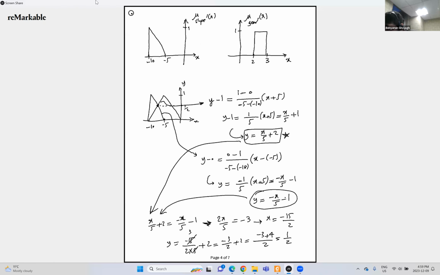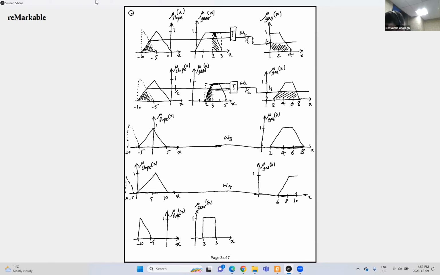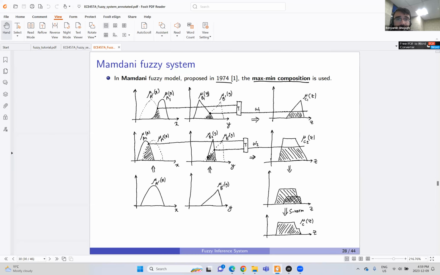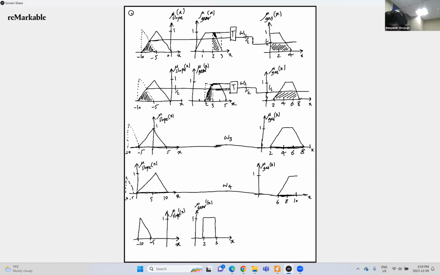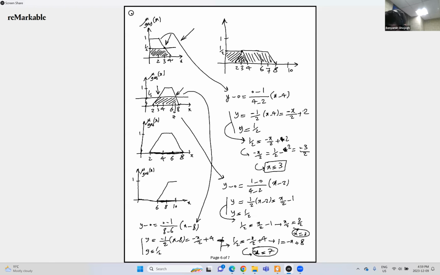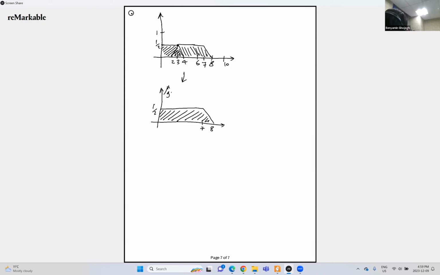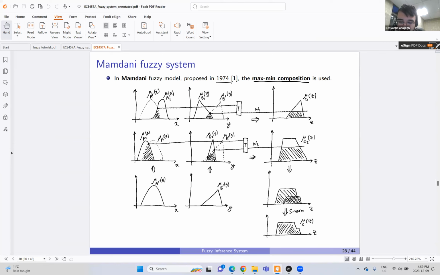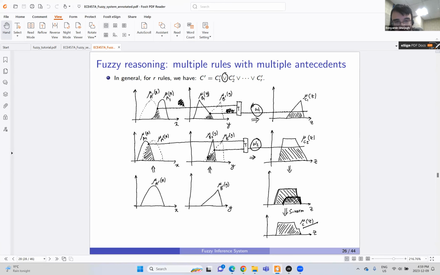It was the output. Mu C prime, whatever we call it. What did we call it in the slides? Anyway. So now this is the fuzzy output, right? We need to defuzzify it. It depends on what defuzzification methods we use. Let's practice several of them.